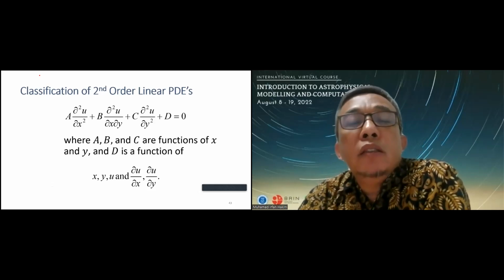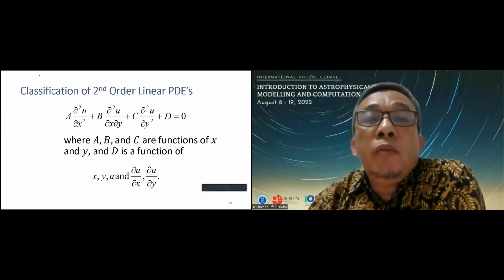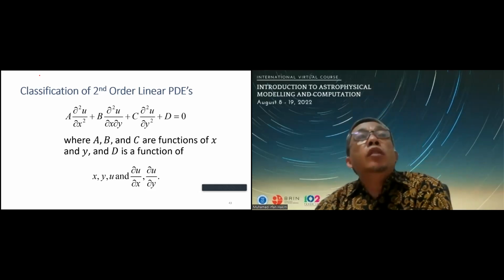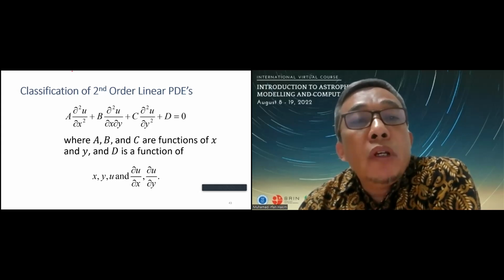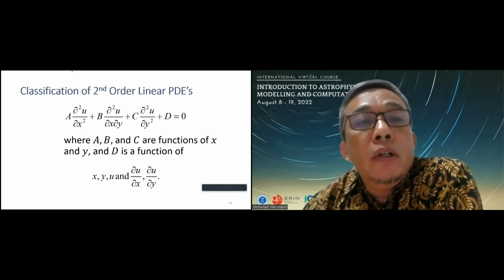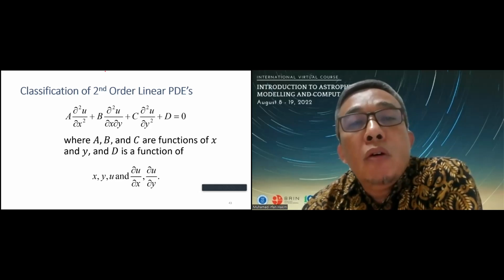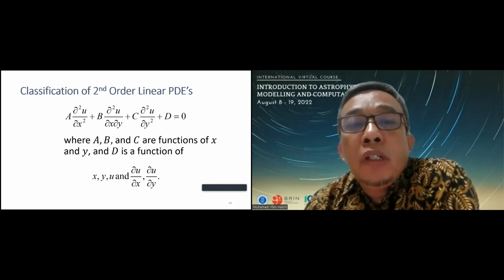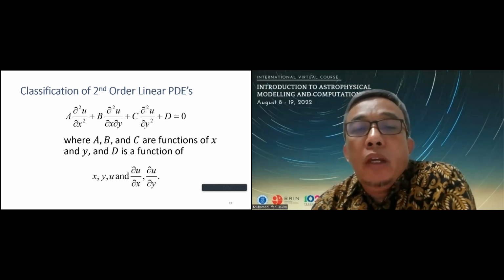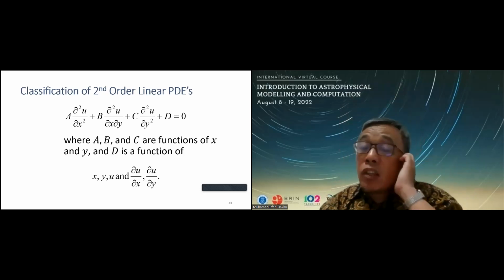So we can write the general PDE for many simulation problems, physical simulation, astrophysical simulation, in this form: A times the partial derivative of variable U to X, or to Y, or a combination of X and Y, plus another term D, as a function of X, Y, U, and first partial derivatives of U to X or to Y.